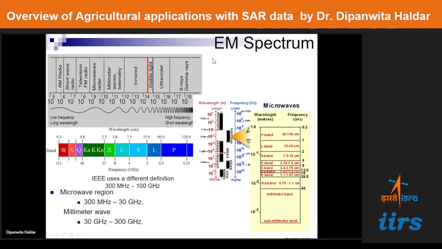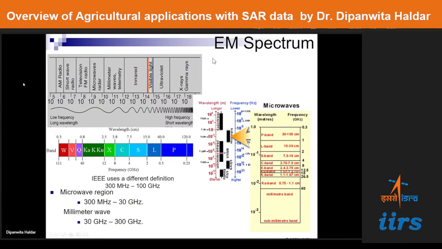The microwave radar wavelength is located here. You can see it is a much longer wavelength. Hence, it can penetrate through the clouds. Even some of the wavelengths can penetrate rain also. If you have moderate intensity of rain, it can be penetrated.